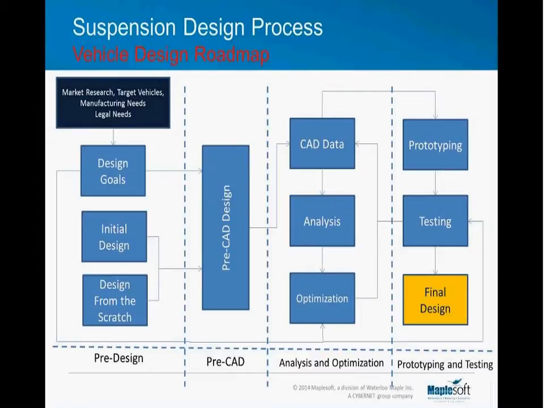But before that, let's take a look at the vehicle design roadmap, because the suspension is a part of the vehicle, and the design of a suspension can be understood when we know the vehicle design roadmap. A vehicle design roadmap is formed by 4 main phases. The first phase is the pre-design phase.